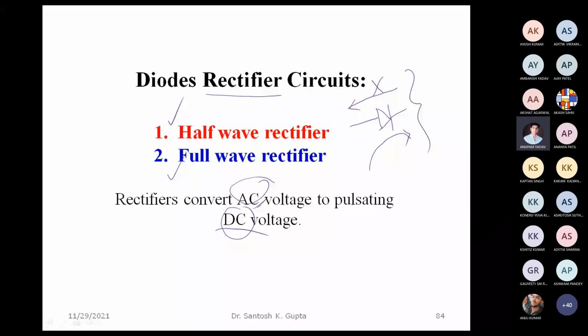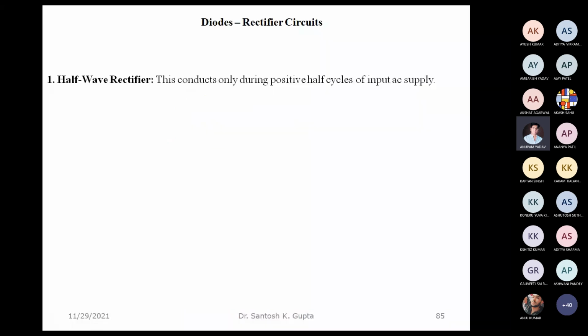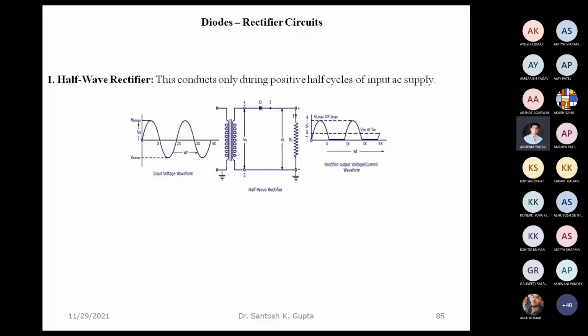So rectifiers are able to convert pulsating signals into a constant signal. Here we have a simple half wave rectifier circuit.